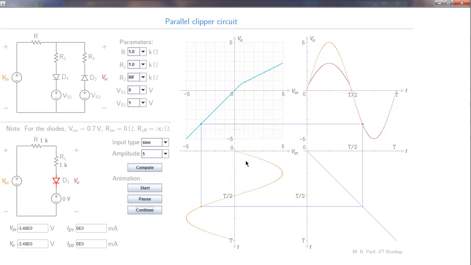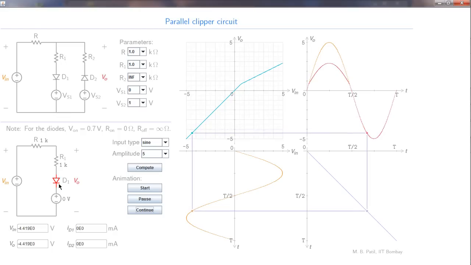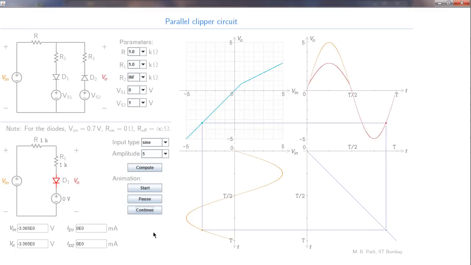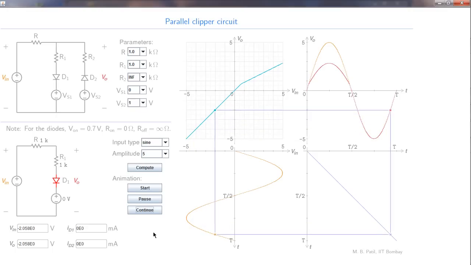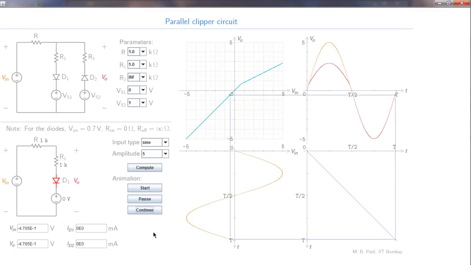The diode is off in this region, and that's why it appears in red. Okay, so that is the end of one cycle.